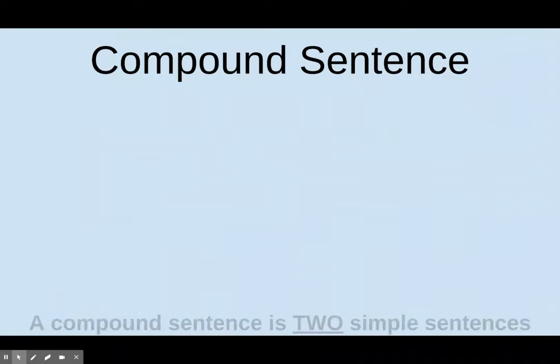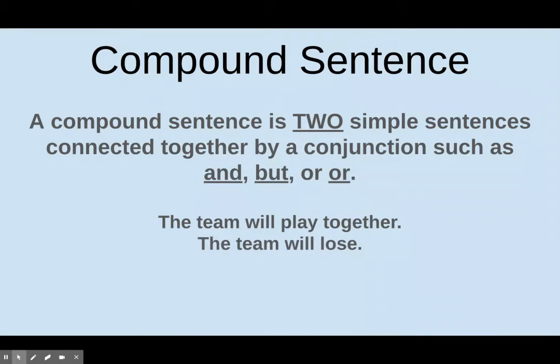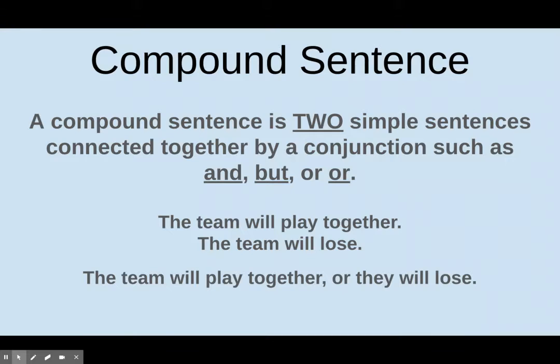Now, this week we've been working on taking two simple sentences and connecting them together with a conjunction, such as and, but, or. That sounds funny, doesn't it? Or. Here we go. The team will play together. The team will lose. Now, those are totally different things. The team will play together or they will lose.